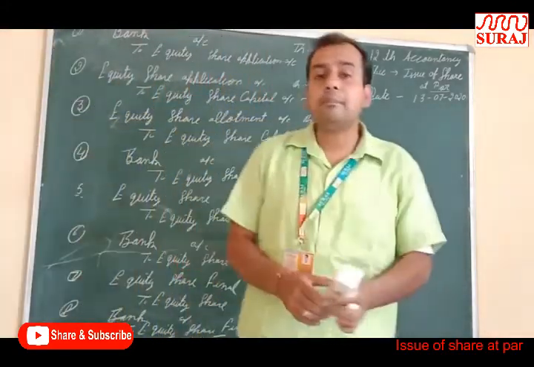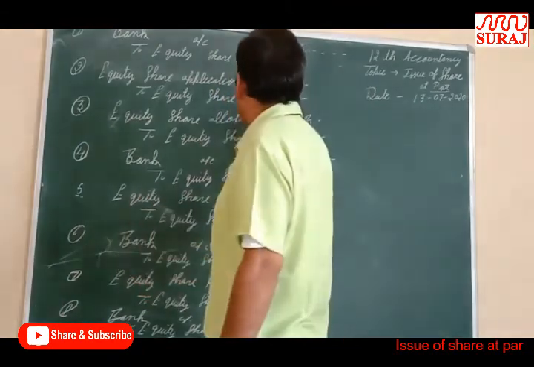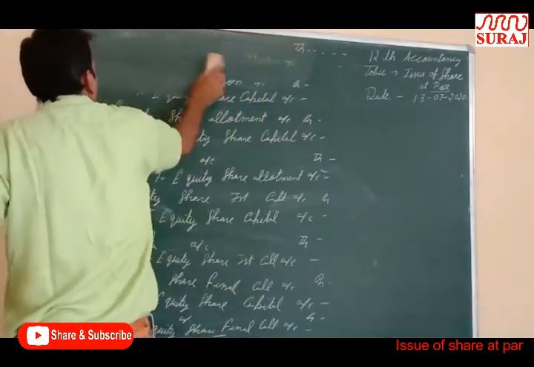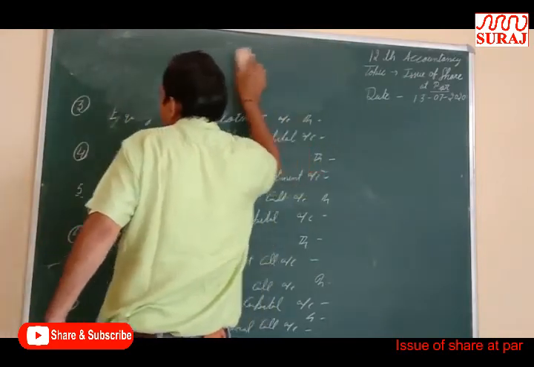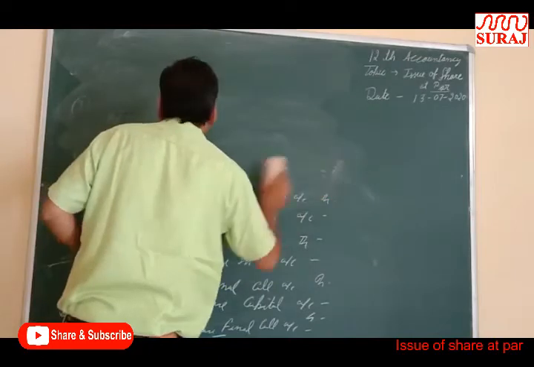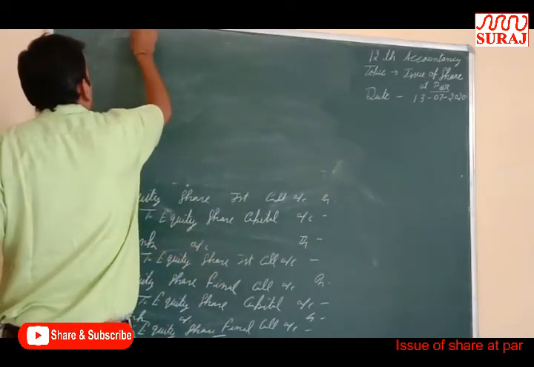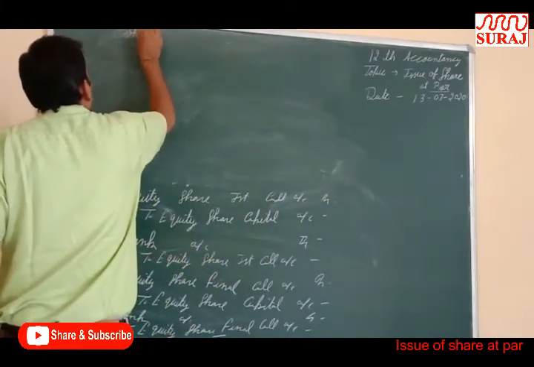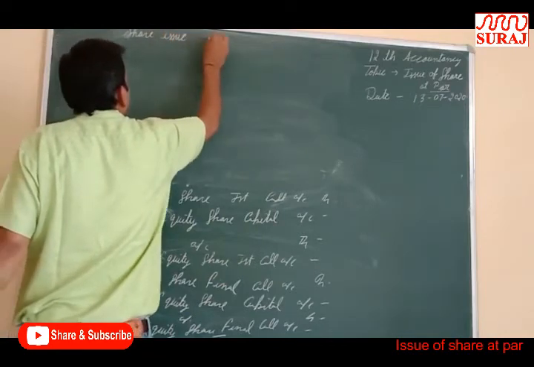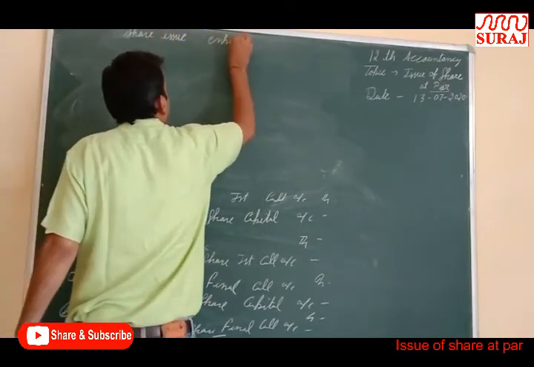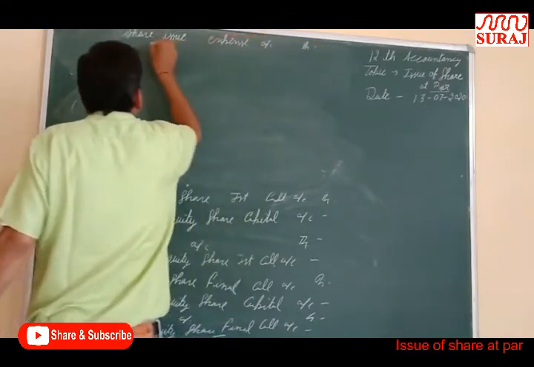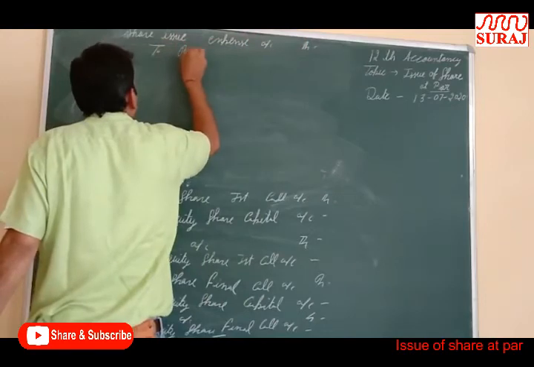If the company incurs some expenses for the issue of shares, then what entry will be passed, dear students? Then your entry will be passed for share issue expense, a nominal account: share issue expense account debit to bank account.